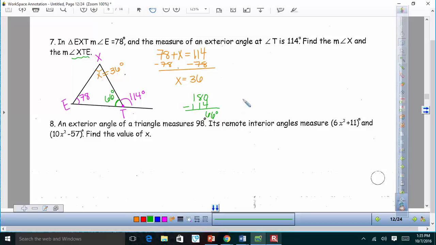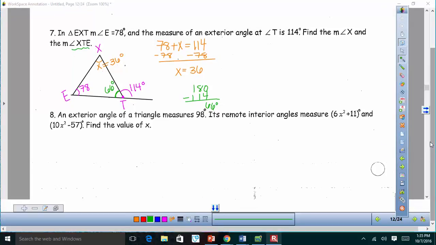That's it. Okay, let's look at 8 as well, because 8 has x squareds in it. This one says an exterior angle of a triangle measures 98. So I'm going to draw my triangle and give it one exterior angle. It does not matter where you put your exterior angle, as long as there is one exterior angle.